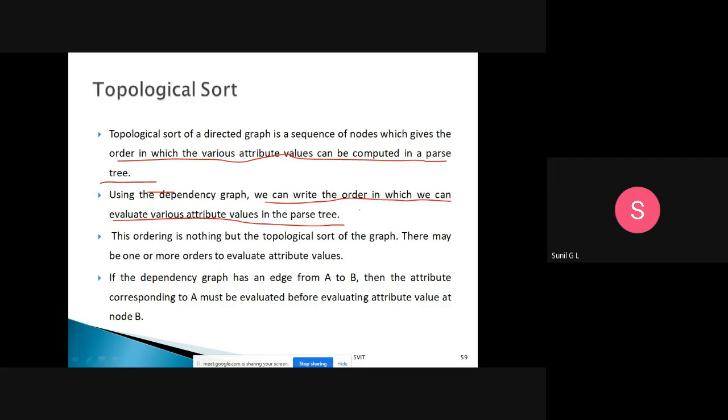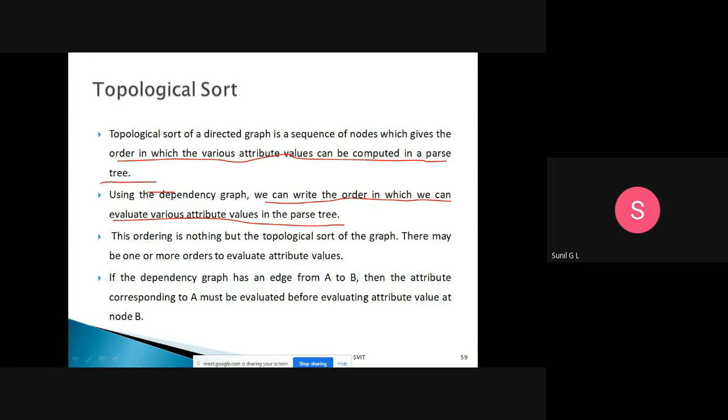This ordering is nothing but the topological sort of the graph. There may be one or more orders to evaluate the attributes, so for a particular annotated parse tree, we may have two or more topological sorts.